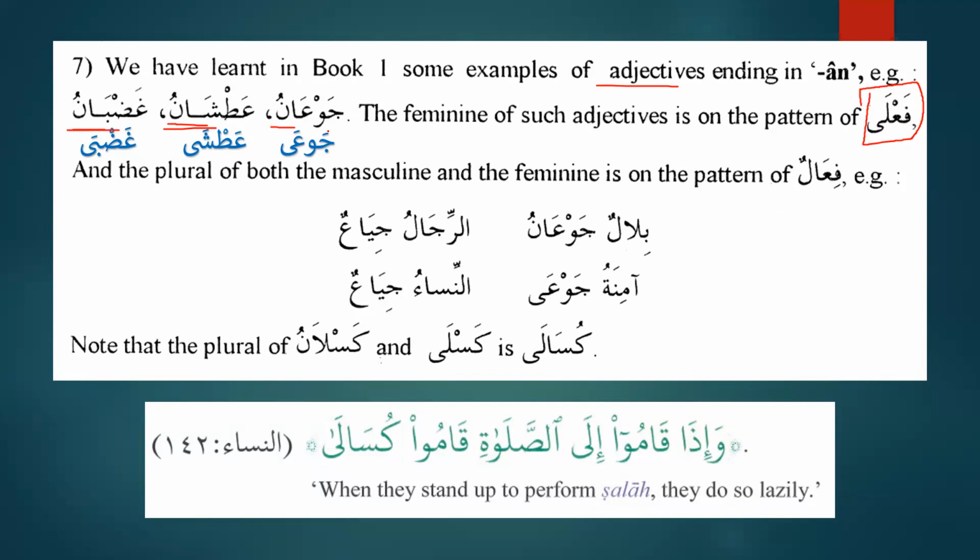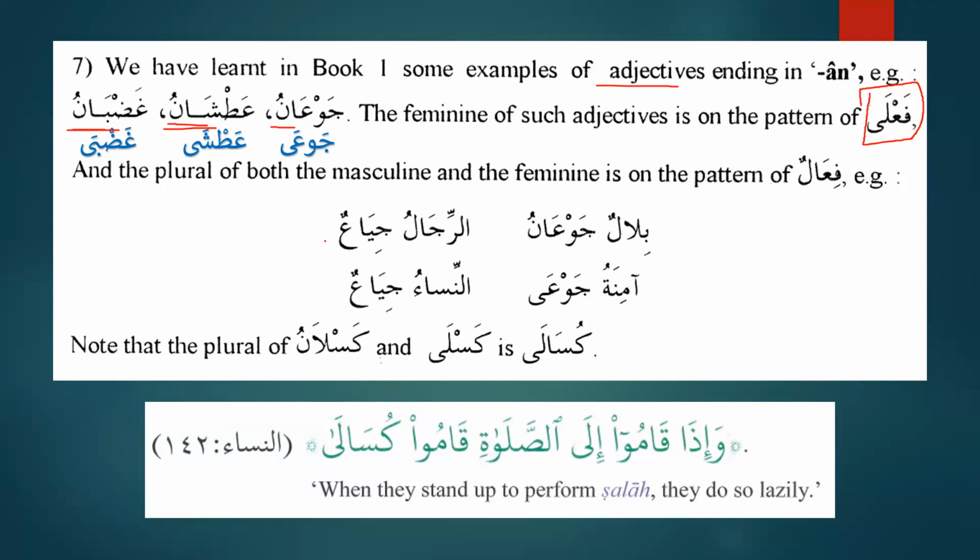For example, mu'minun, mu'mina. Similarly, we have nasirun, nasira, jalisun, jalisa. So we add ta marbuta, but adding ta marbuta to this will be a mistake. As we can see over here, jaw'anu, the feminine is jaw'a, atashanu, atasha, and ghadbanu, ghadba.